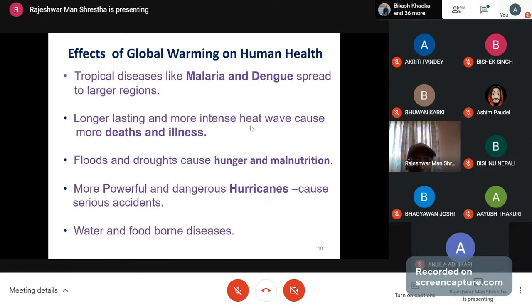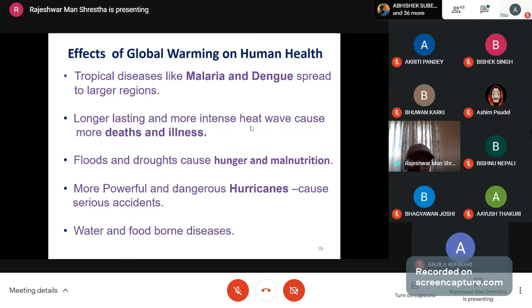And the effect of global warming on human health. Global warming causes tropical diseases like malaria and dengue to spread to larger regions. Dengue, malaria, and long-lasting, more intense heat waves cause more death and illness. Floods, heavy landslides, dryness, and then hunger and malnutrition.